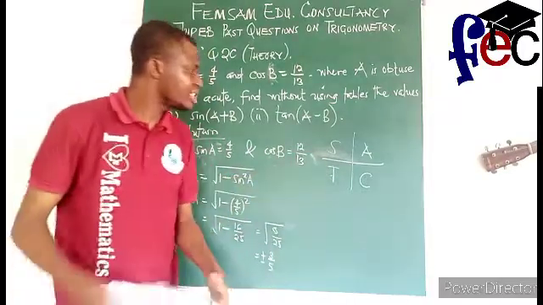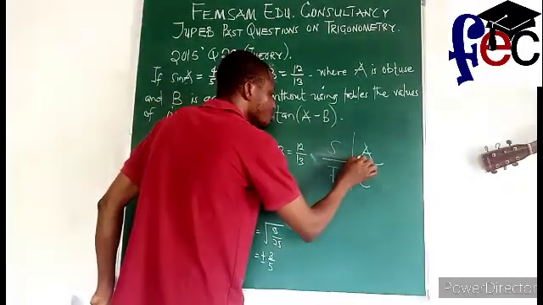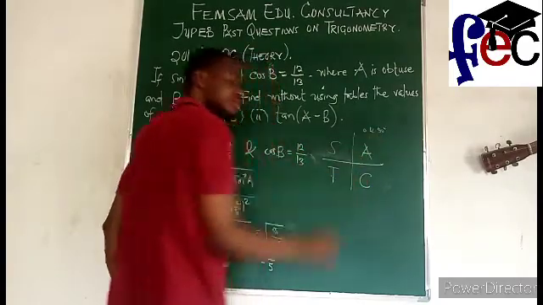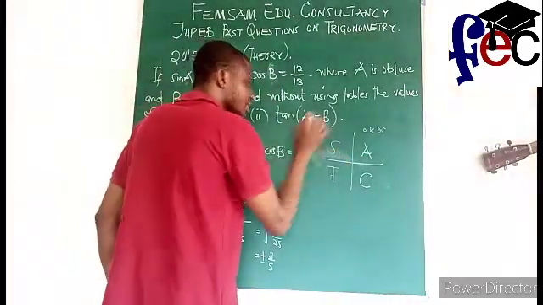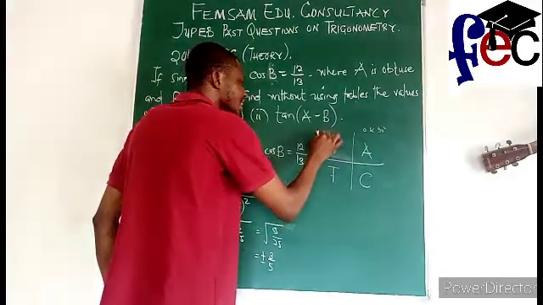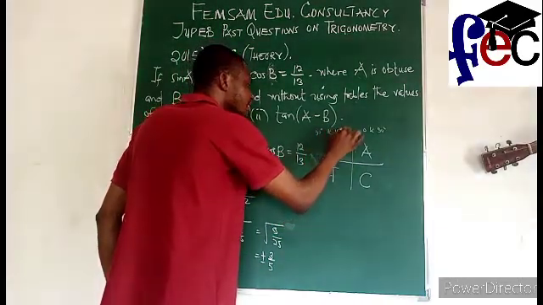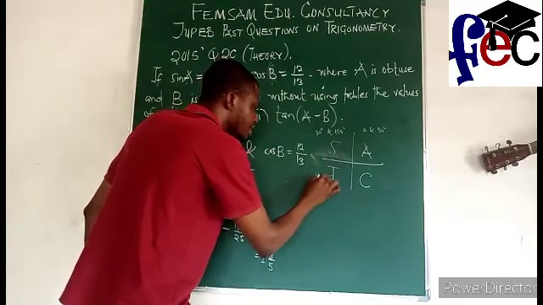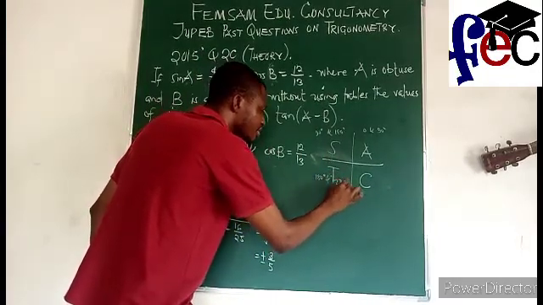So what that means is that in this quadrant, all the angles are between 0 and 90 degrees. In this quadrant, the angles are between 90 degrees and 180 degrees. In this quadrant, the angles are between 180 degrees and 270 degrees.